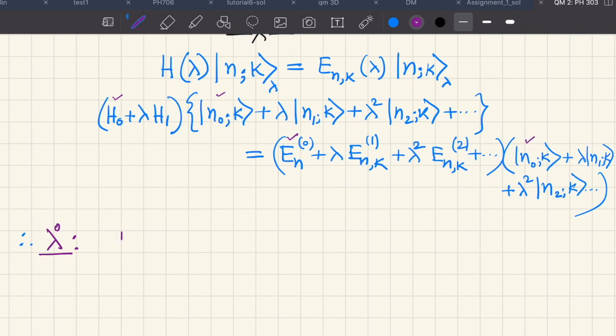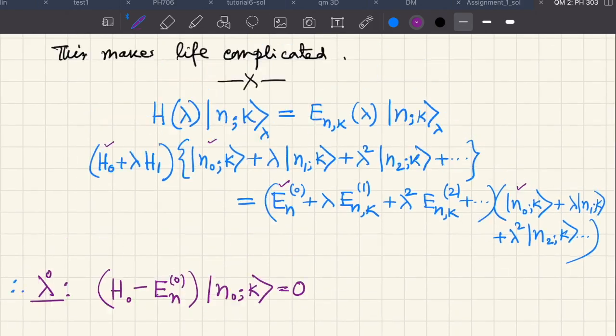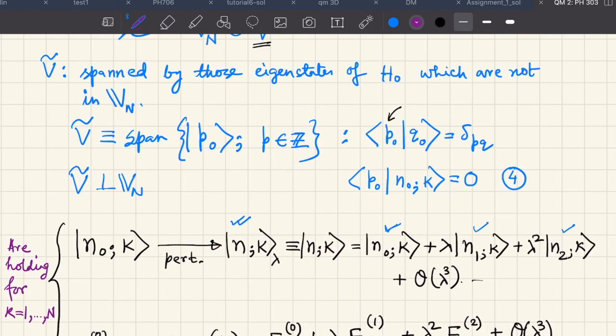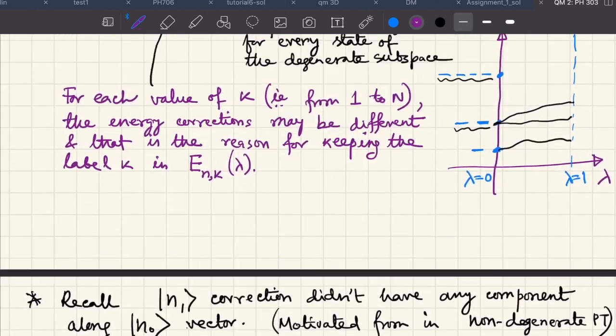So this is the first and the most trivial equation, of course. Or let me write it the way we were writing in the previous discussion: H0 minus En0 acting on n0k equal to 0. Let me see, what was the last number that I have used? 4. Okay, what are the other equations here?